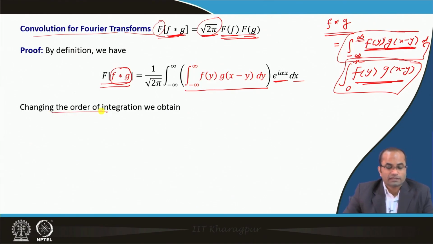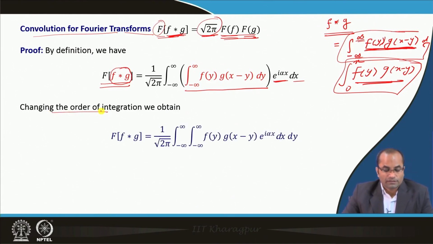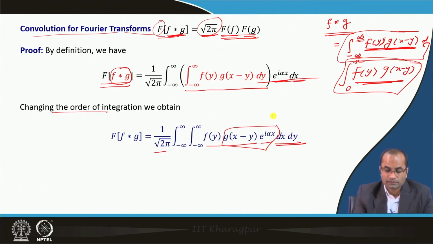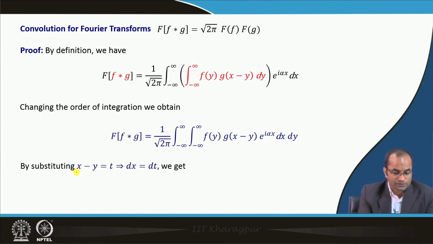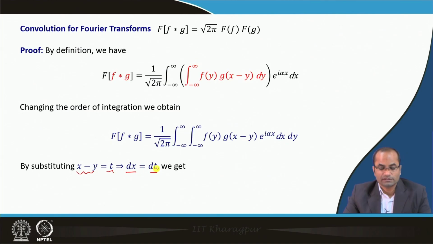The trick is to change the order of integration. Instead of dy dx, we now have dx dy, with 1 over square root 2 pi, and the product as it is, with e to the power i alpha x. Now we can segregate. The inner integral is over x, but before that we substitute x minus y with t, so dx becomes dt.